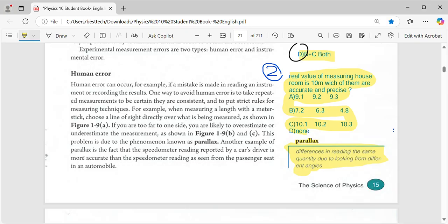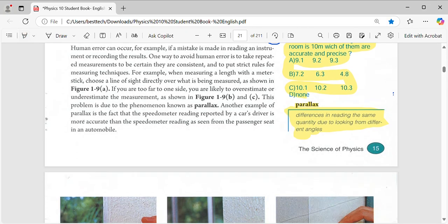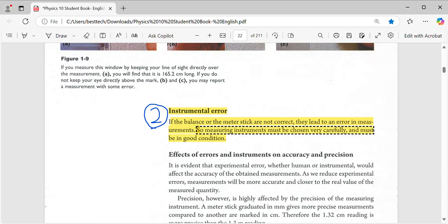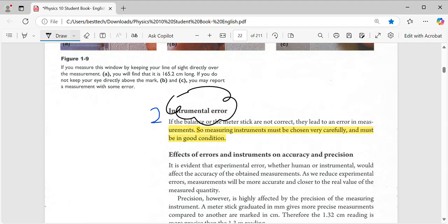Okay, so the second type is called an instrumental error. Guys, an instrumental error is not my fault, it's not the teacher's fault, it's not the student's fault to get the wrong answer. No, it's an instrument error. Maybe the instrument that you are using is broken, or has something wrong, and cannot give you the correct result.